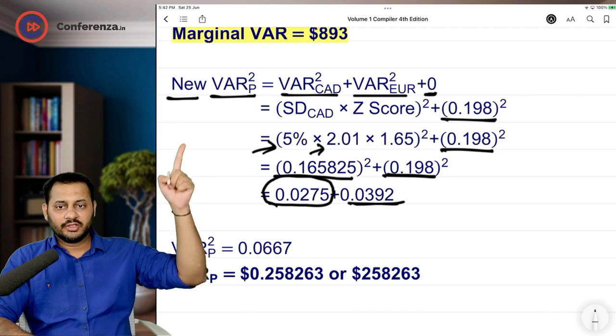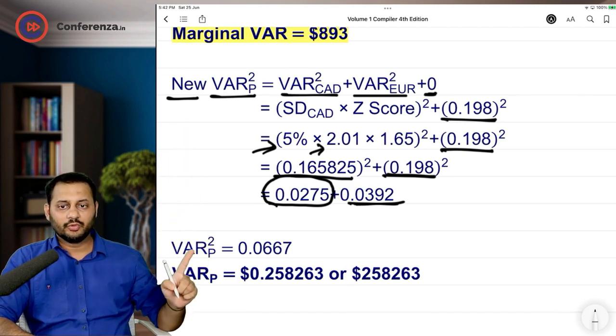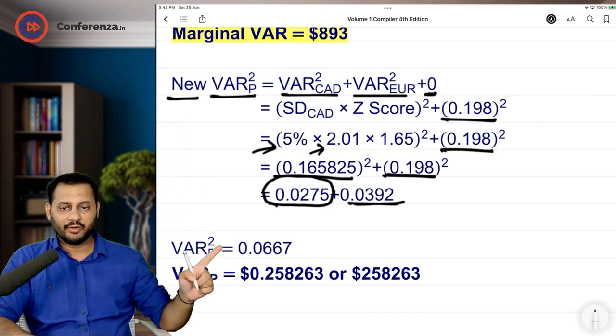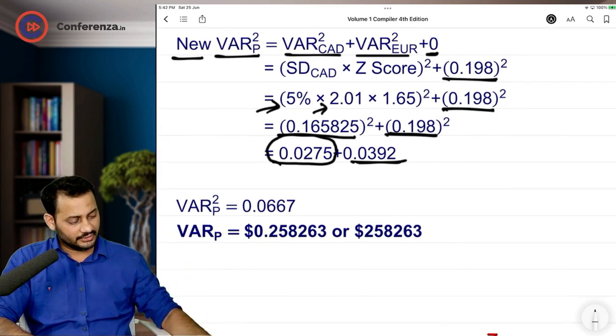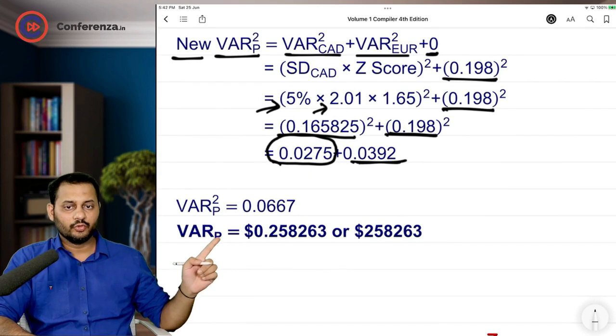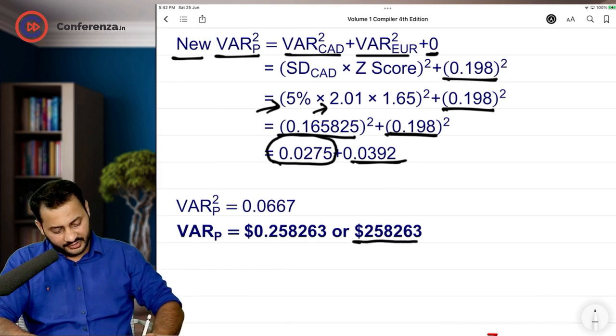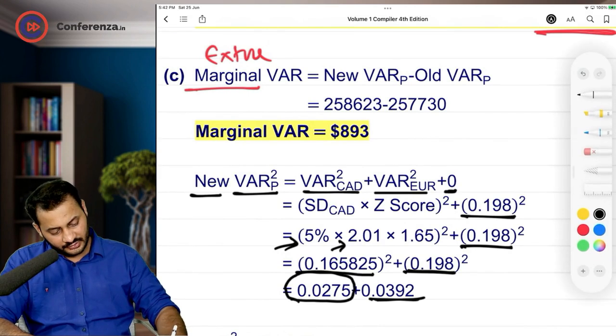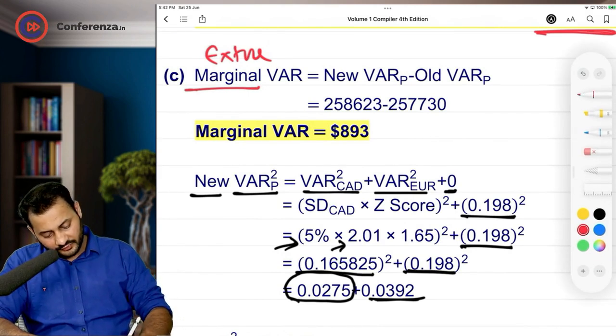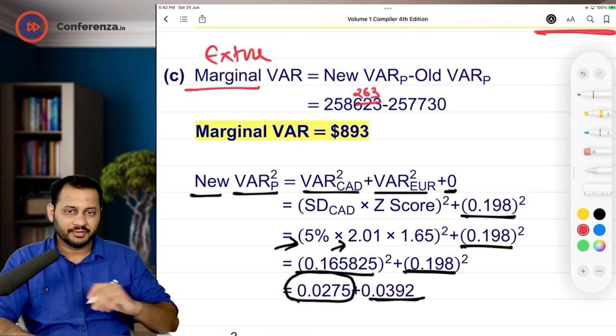Now, if we do the calculation, the new VAR comes down to VAR of the portfolio squared 0.0667, and if you take the square root of it, it comes down to 0.258263. Okay, this is the new VAR, 258,263. There is one correction that you have to do: it should be 263 instead of 623 here.